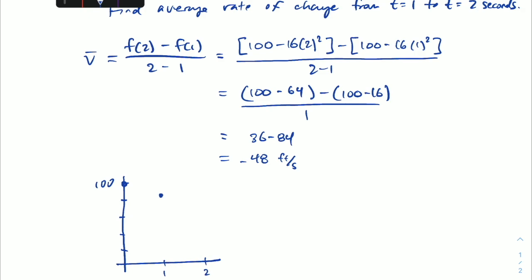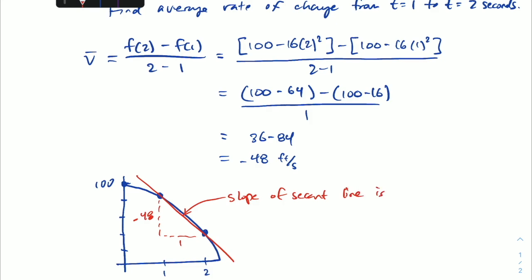And if you put in 2, you get 36. So it's this quadratic function right here. And what we just computed was the slope between these 2 points. That's the slope here. The rise was 48. Well, it's negative 48 because it's going down. And the run was 1. So the slope of this line, the secant line, is negative 48.